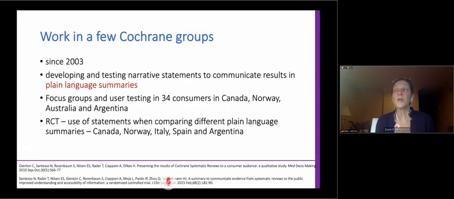In particular, we were struggling with how to communicate it to consumers and within the plain language summaries in Cochrane systematic reviews. Based on that, quite a bit of work was being done. We conducted some focus groups with people in different groups across the world, which eventually led to a randomized controlled trial about how these statements were communicated. But let me first focus on how we make some decisions about the size of the effects.